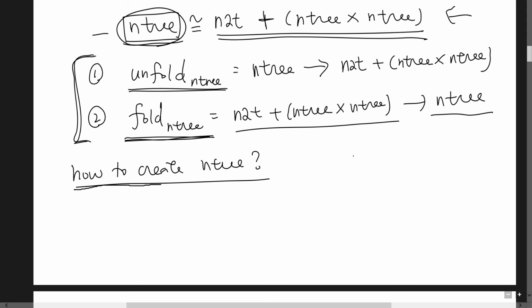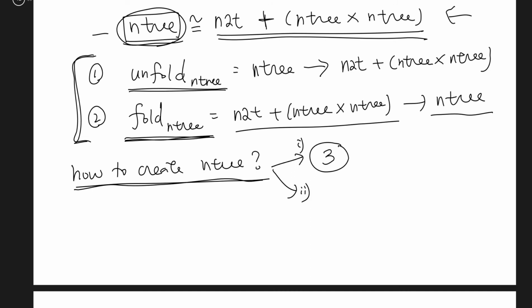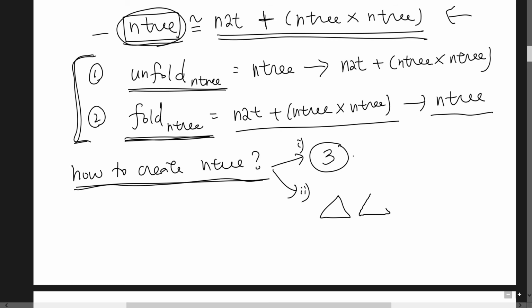And that complies with our intuition about how to create this natural number 3. In order to create natural number 3, you take either the left branch, that is, you create a singleton leaf node with a natural number, for example 3. That's the first way of creating natural number 3. Or the other way is you provide somehow smaller subtrees and then create a larger one.